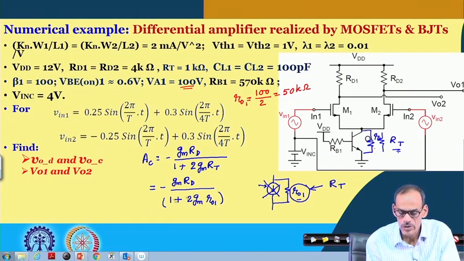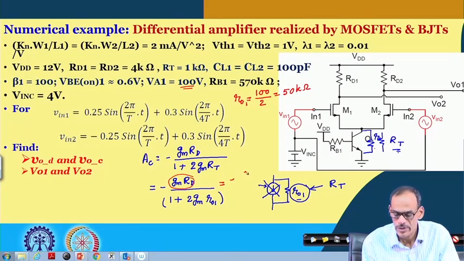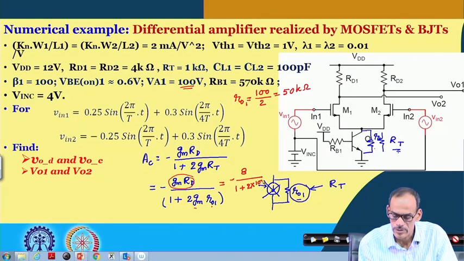So, the value of this common mode gain is equal to the numerator part, which we have already calculated, 8, and in the denominator we have 1 plus 2 into gm, which is 2, then 50. So, that is 100.